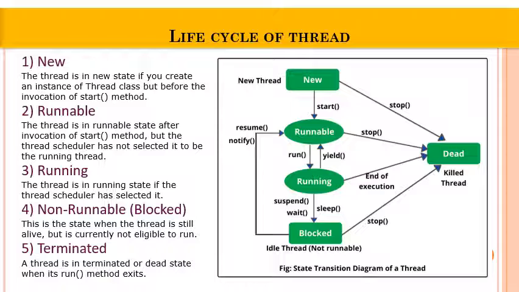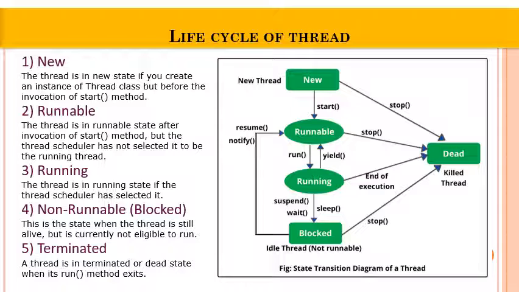The next state is a non-runnable state, that is the blocked state. This is the state when the thread is still alive but is currently not eligible to run. A thread is said to be blocked when it is prevented from entering into the runnable state and subsequently the running state.